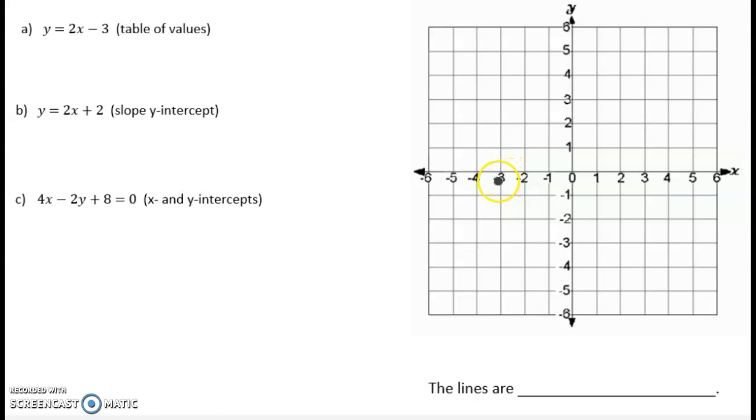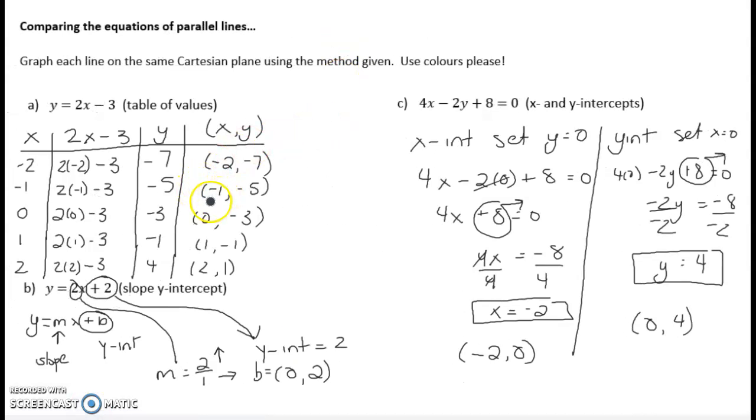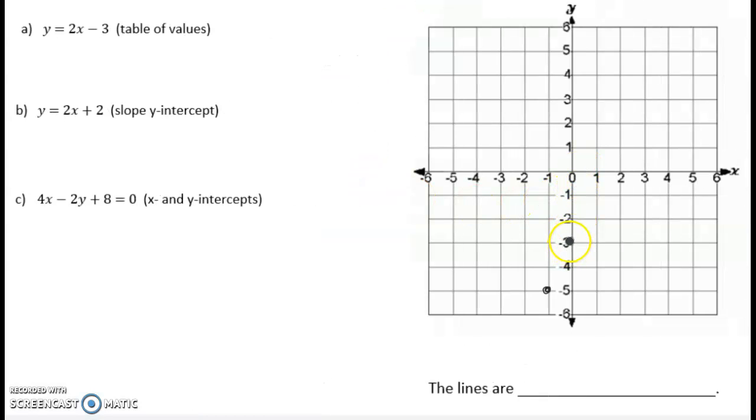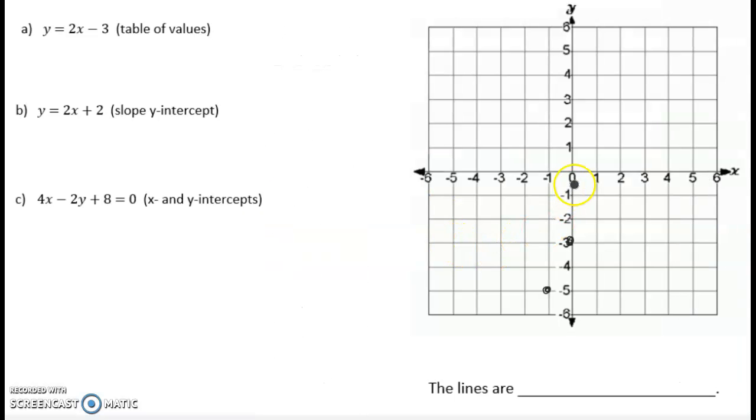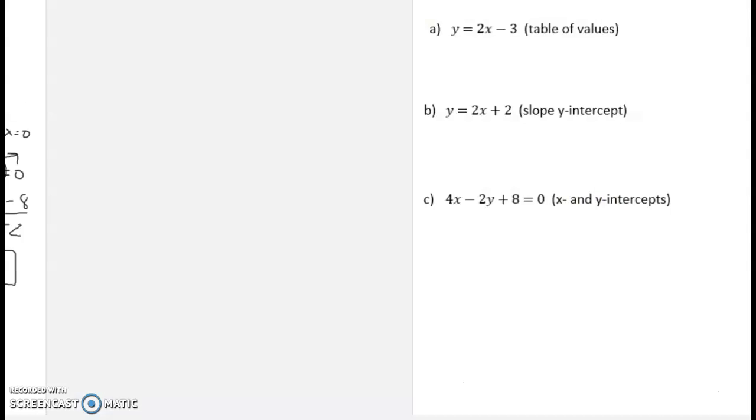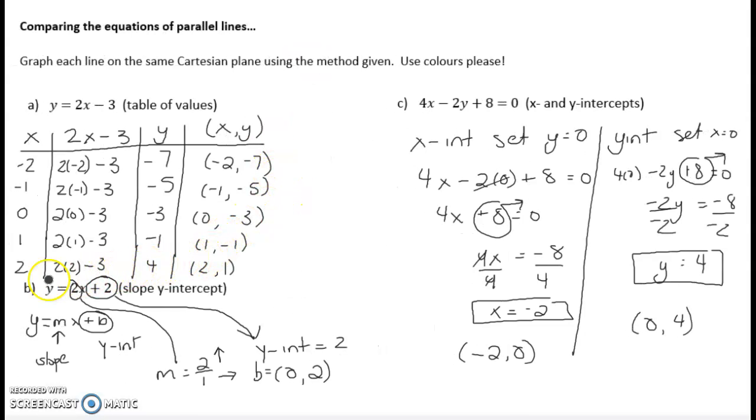So I'll do negative 1 and negative 5. So x is negative 1, y is negative 5. Next one, we have 0 and negative 3. So 0 and negative 3, put a dot. Then we have 1 and negative 1. So x is 1, y is negative 1.